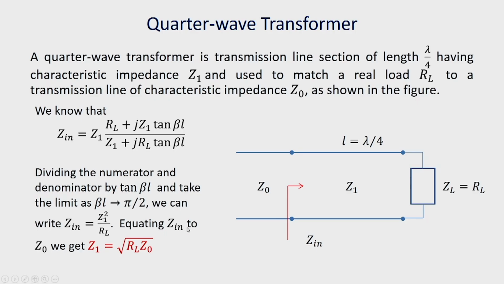Equating this Zin to Z0, we get Z1 equal to the square root of RL into Z0. So, we find that a quarter wave transformer can match a real load RL to Z0 provided we select Z1 equal to the square root of RL Z0.